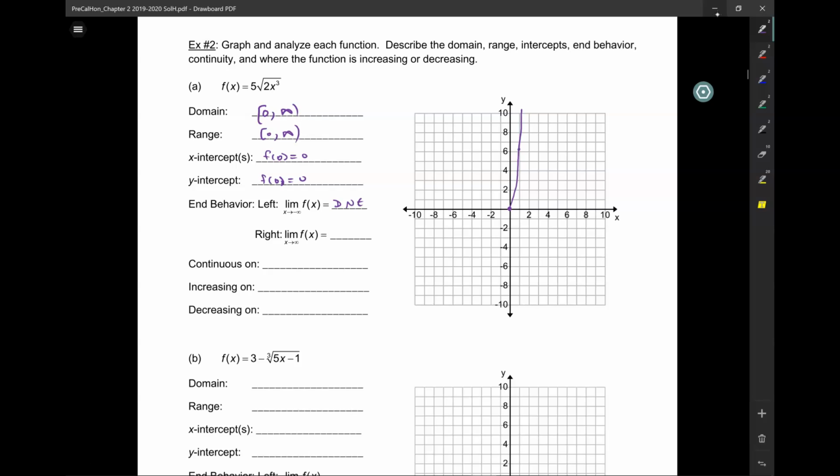Don't get creative and put in other language there. So when you say negative, that's not talking about it just decreasing. No, when x is approaching negative infinity. Yep. So this is continuous from 0 to infinity. It's increasing from 0 to infinity. And it's never decreasing, so none.